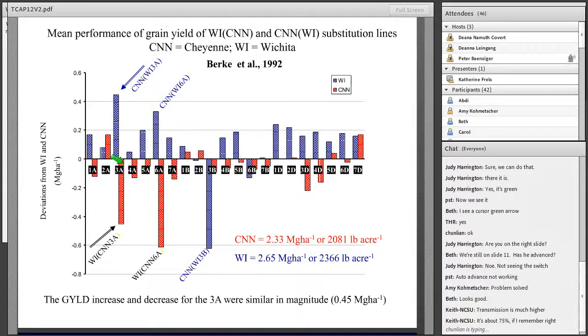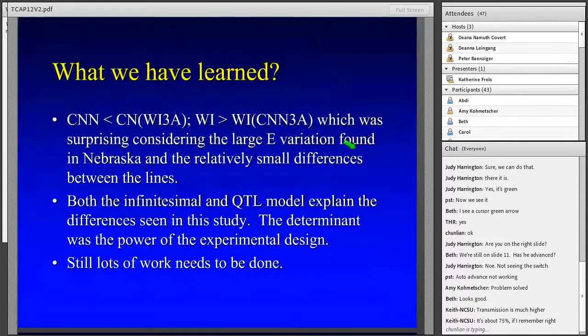If you look at Cheyenne, there are 1, 2, 3, 4, 5, 6 Cheyenne substitution lines that are higher yielding than Wichita. And if you do the sign test, what it says is that's not a random population around either the Wichita mean or the Cheyenne mean. So what that tells you is, in fact, the infinitesimal model may have a place.